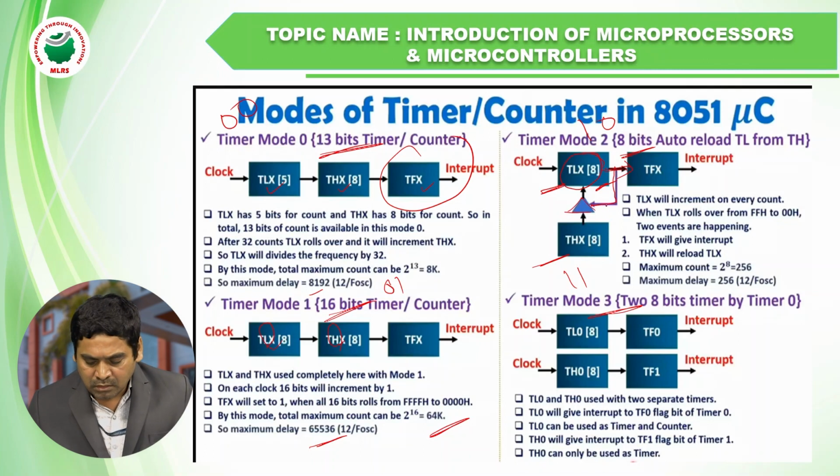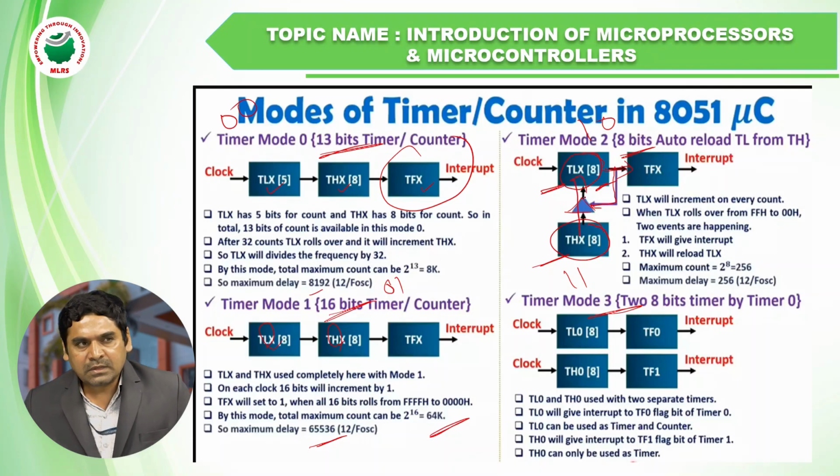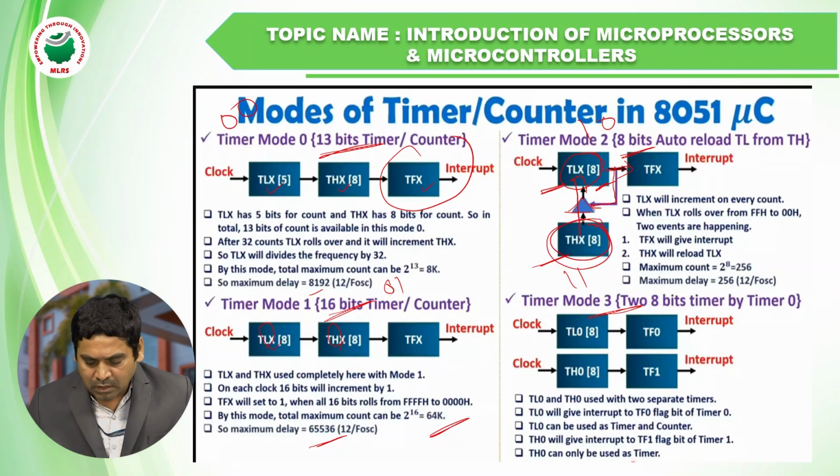So when TF0 interrupt occurs, then auto reload takes the TFX value and reloads it into TLX. Again, the same THX also starts a count, and again it gets back to TF0 of THX before TLX TF0.